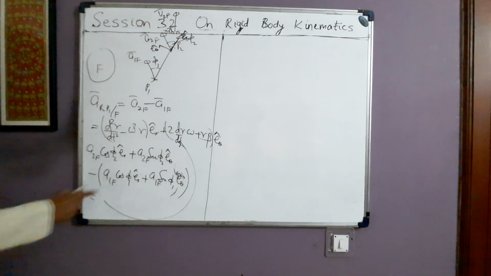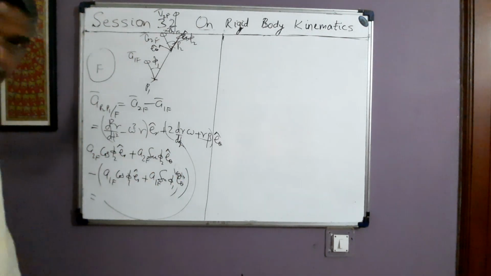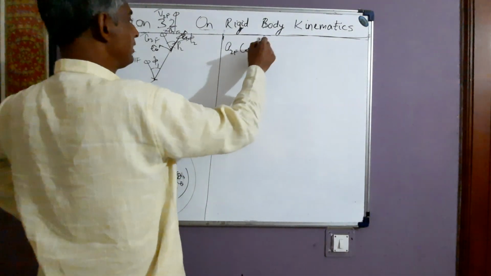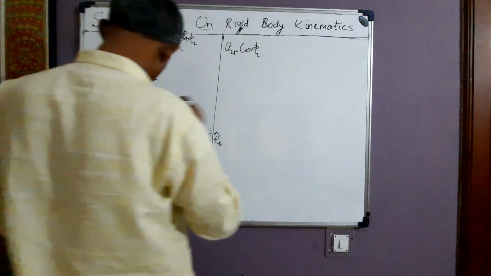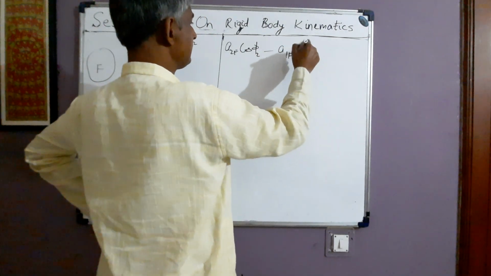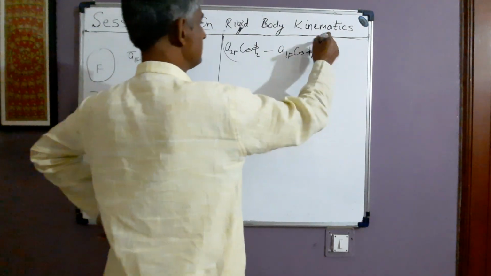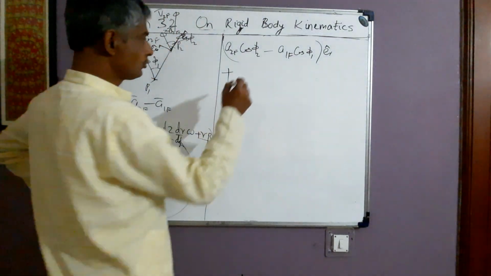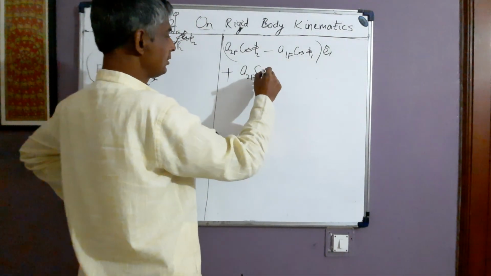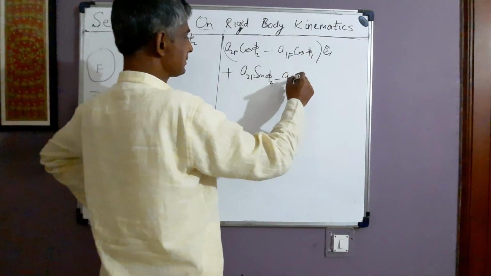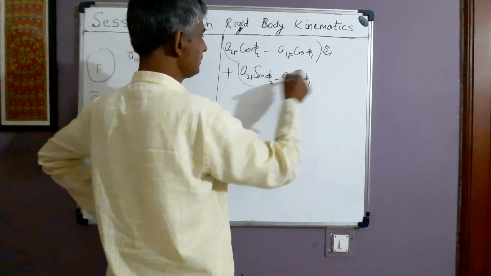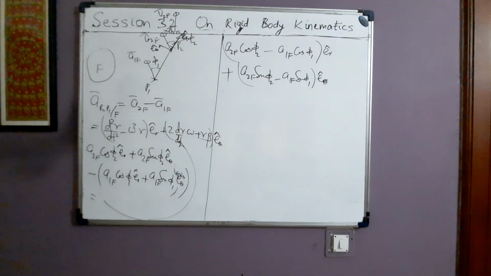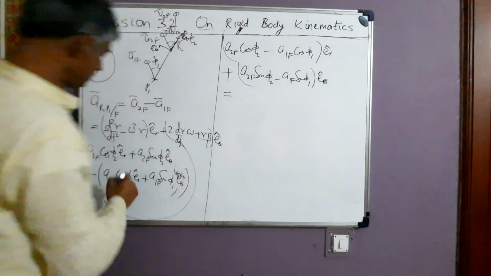Now this ER, E theta I collect common. So what do we get? A2F cos phi 2 minus A1F cos phi 1 into ER hat plus A2F sin phi 2 minus A1F sin phi 1 into E theta hat is equal to this term.